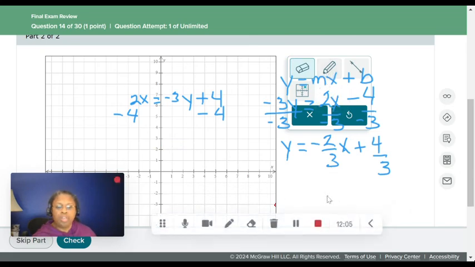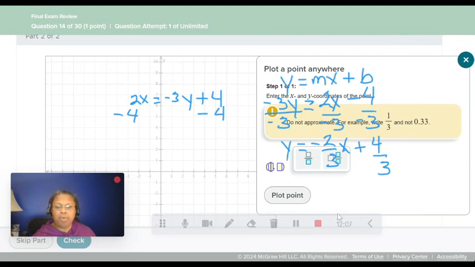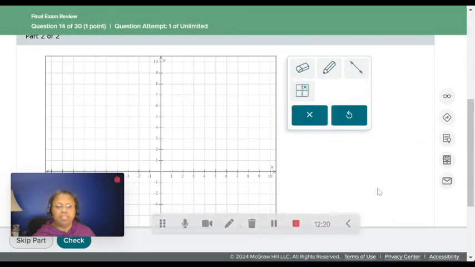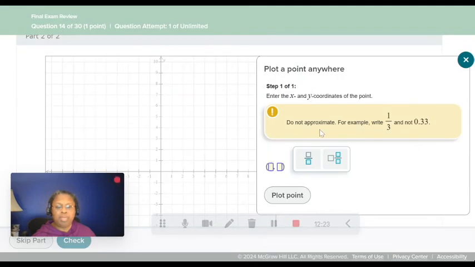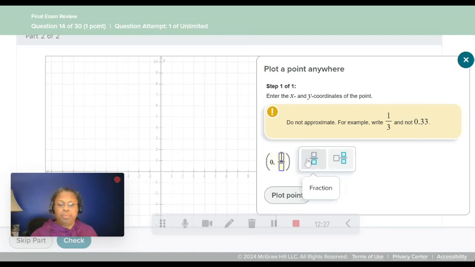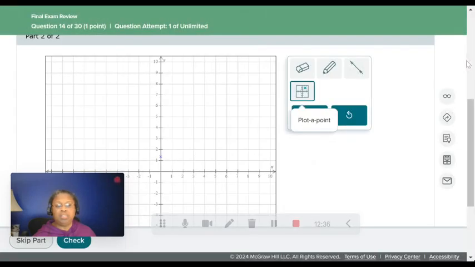Oh, here's another way we could do it. Plot a point. Okay, there's too much clutter here, so I'm going to erase it. Okay, now it's erased. Go to plot a point and go to 0, 4/3, and it'll plot the point for us, which is awesome.